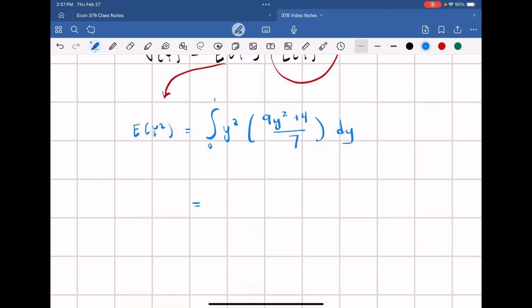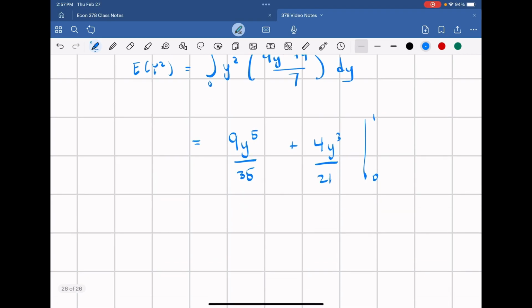Taking the integral, we get 9y to the fifth over 35 plus 4y to the third over 21, evaluated from 0 to 1. This equals 9 over 35 plus 4 over 21, which is about 0.4476. Now this isn't our variance, this is just the expected value of y squared.